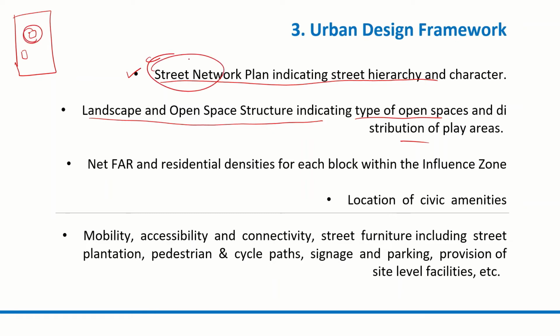Or if you identify one or two primary streets, okay, how do you bring certain specific characteristics for the street? How do you bring life into the street, so on and so forth. Okay, so narrowing down can be along these lines as well.